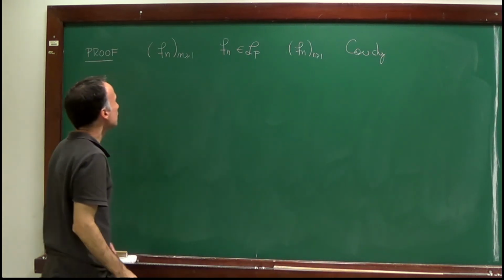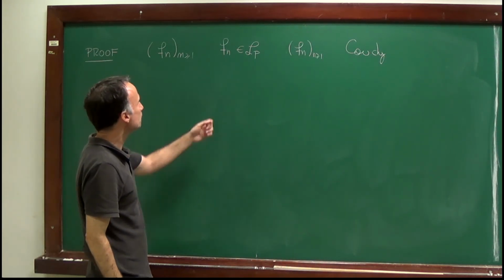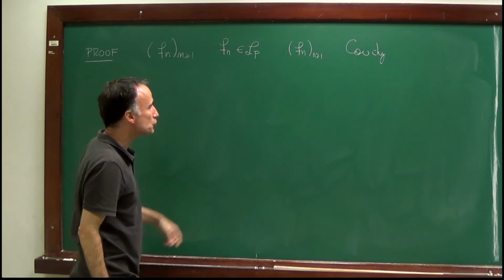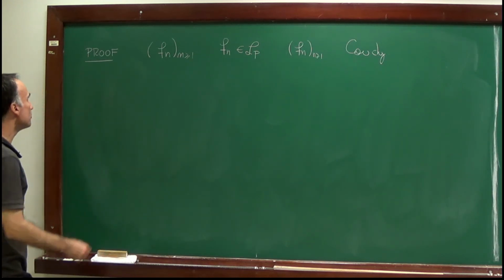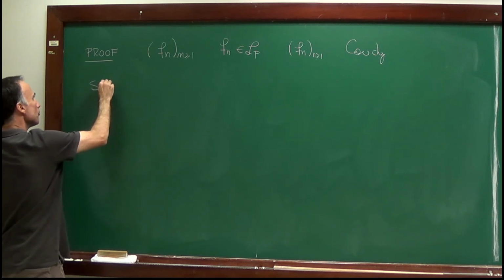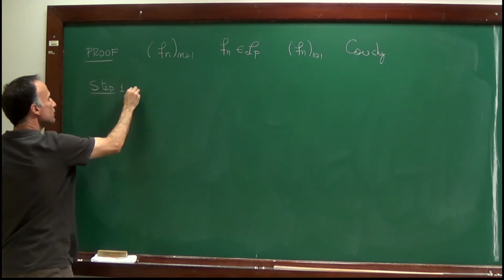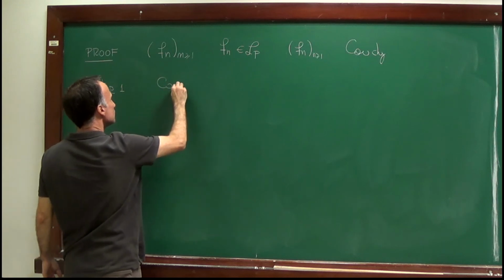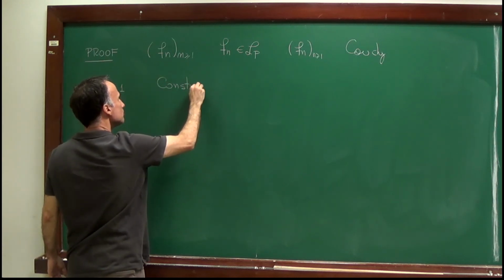And we want to show that there exists a function f in LP such that Fn converges to f in LP. So the proof is divided in several steps. The first step will be to construct the function f.